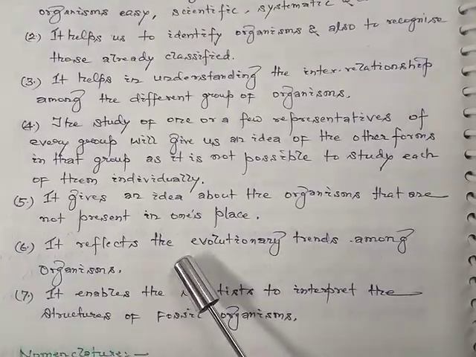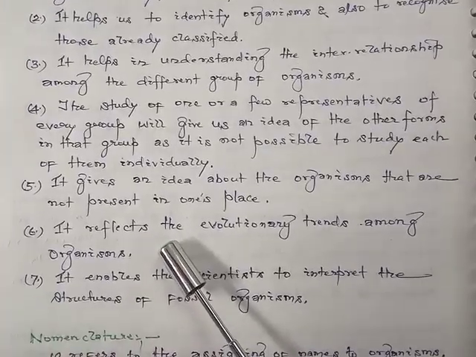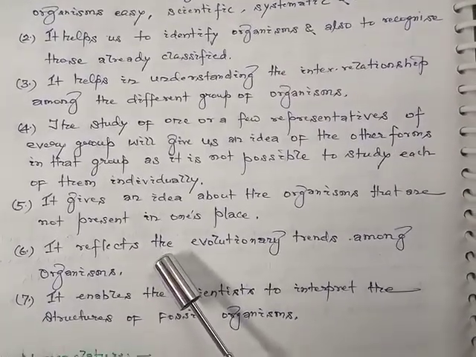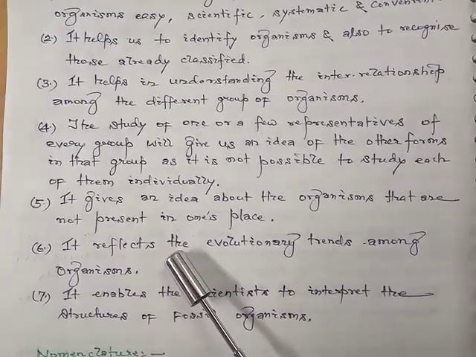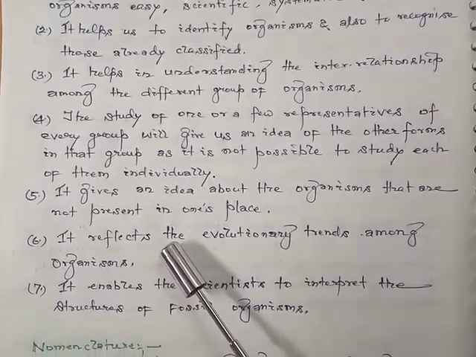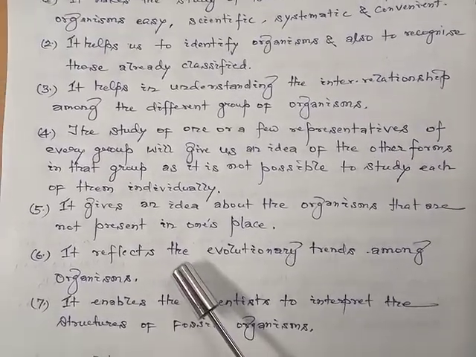Sixth, it reflects the evolutionary trends among organisms. So it reflects how the evolutionary processes occurred within the planet and how the life forms are correlated to each other through those evolutionary processes.